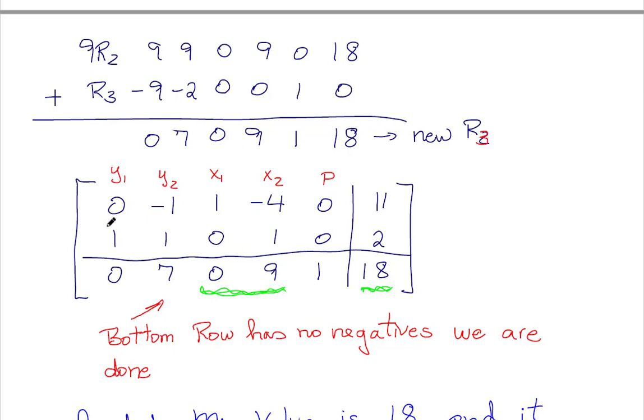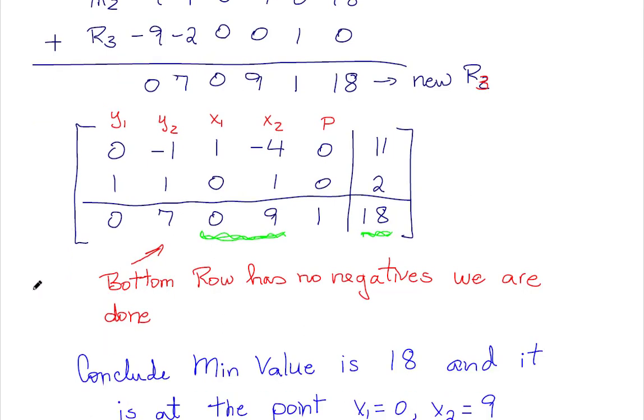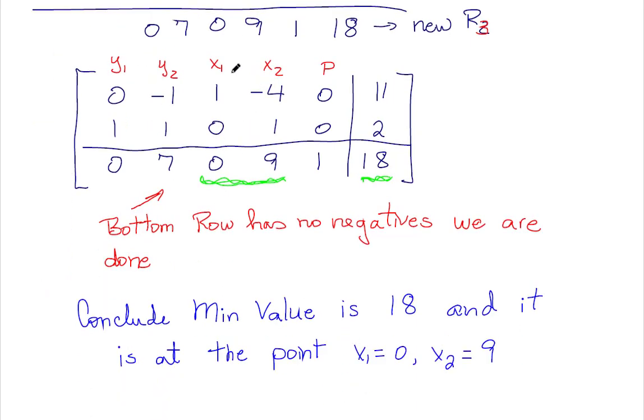And so now let's put everything back. Here's the new row 1. Here's row 2. Here's my new row 3. So let's see, looking at that, there are no more negatives in the bottom. We're done. So what does it mean? All right, remember, here's x1, x2.